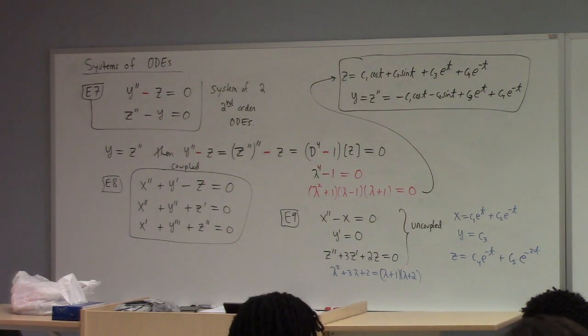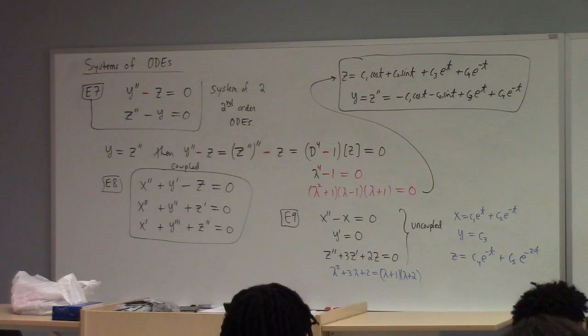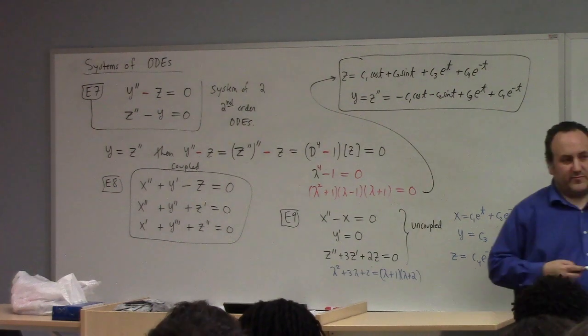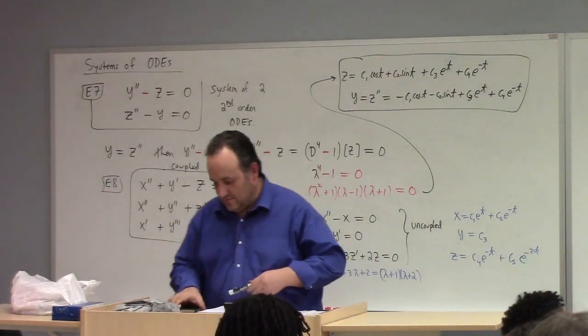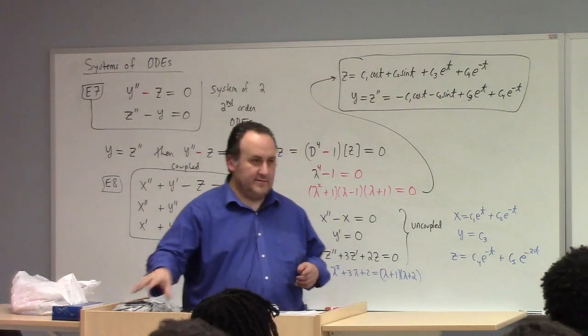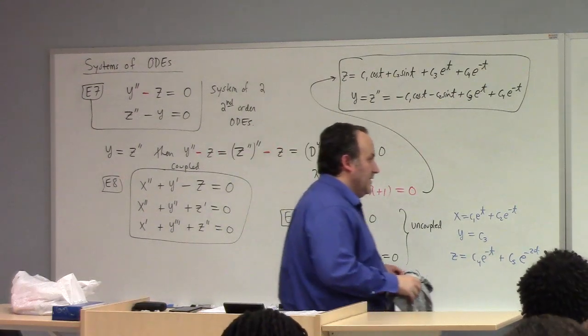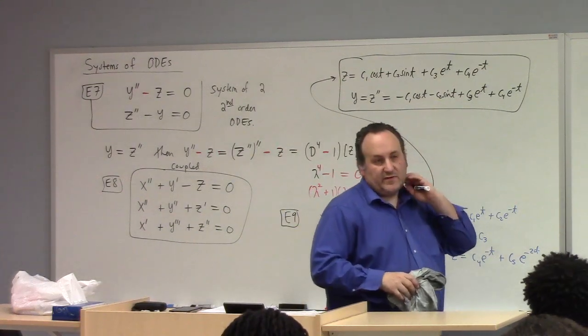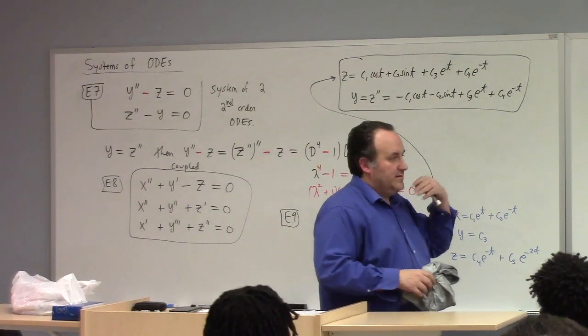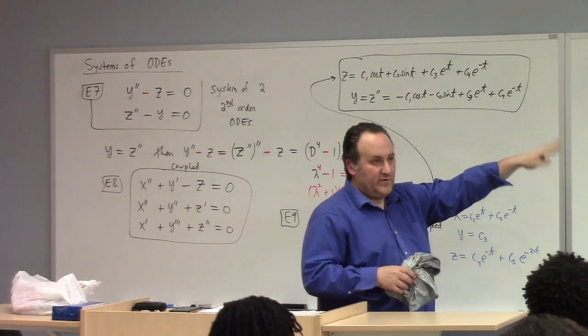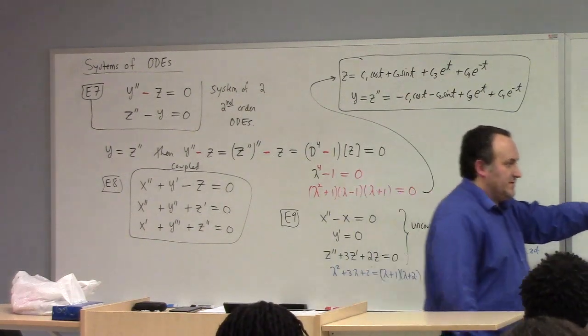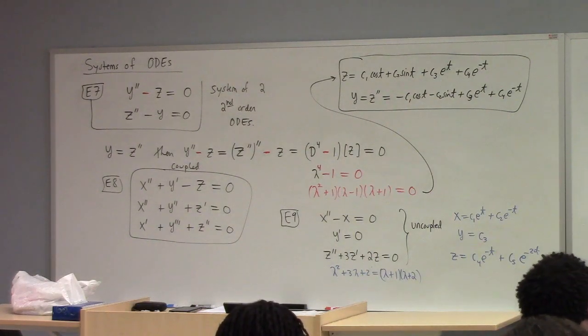Now, I'll put a vector on this because that'll make you feel better. If I forget to write a vector somewhere, you can admonish me. So this system of second order differential equations is equivalent to a first order differential equation with four equations.